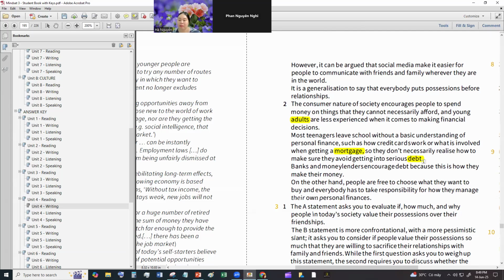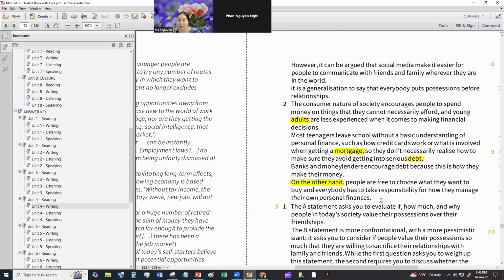All right. So on the other hand, you see here, these statements disagree. People are free to choose what they want to buy, and everybody has to take responsibility for how they manage their own personal finances. So only one idea goes against statement number 2, right? So maybe this writer is supporting statement number 2.